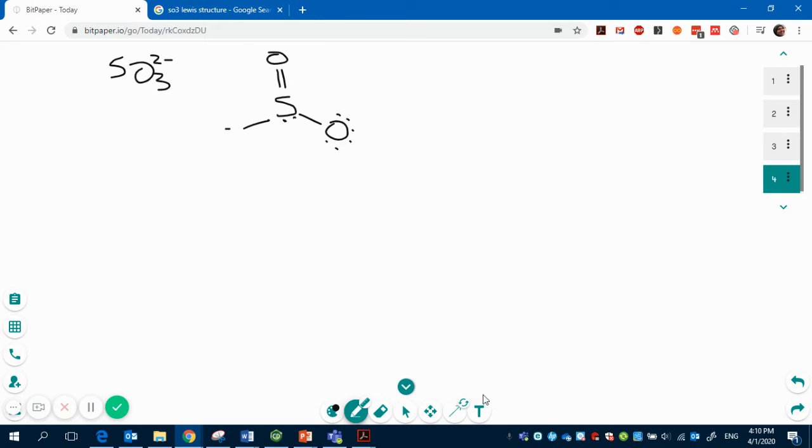Is one possibility. Like that, so minus. Alternatively, we could have it drawn like this. And again, just like in the other cases, the two geometries will be the same.